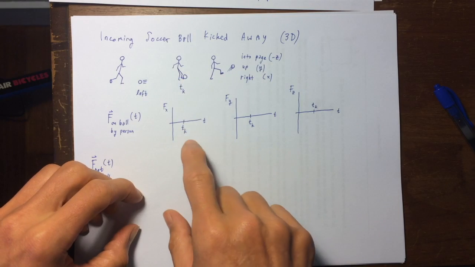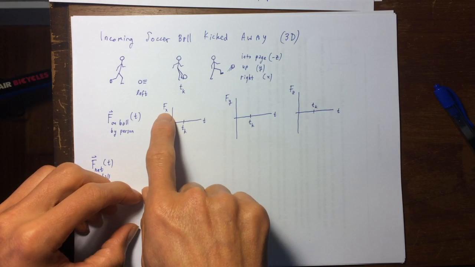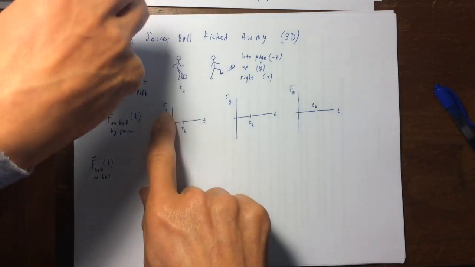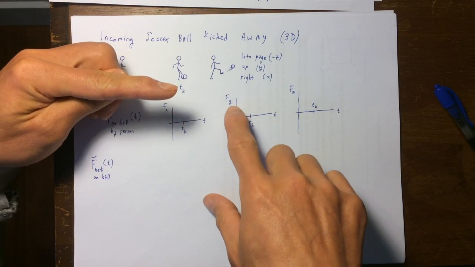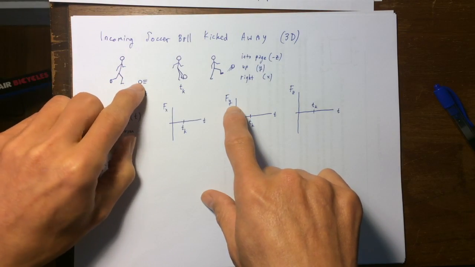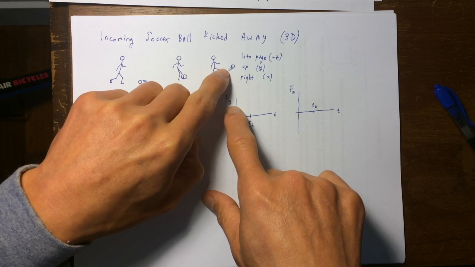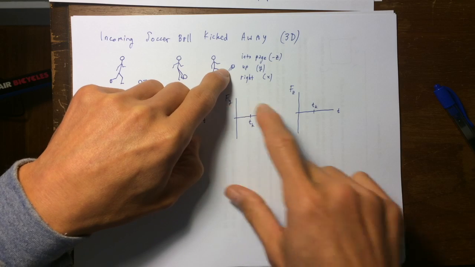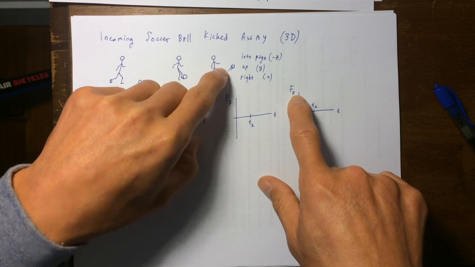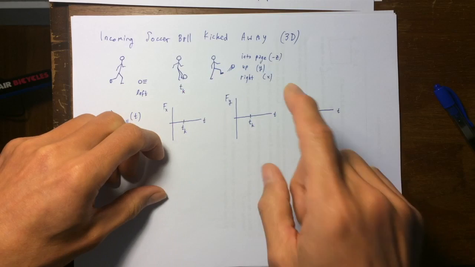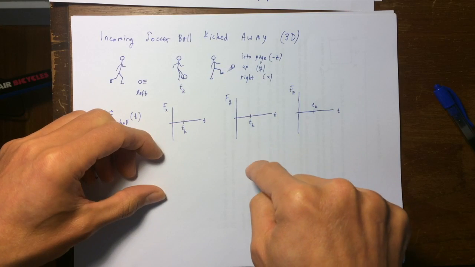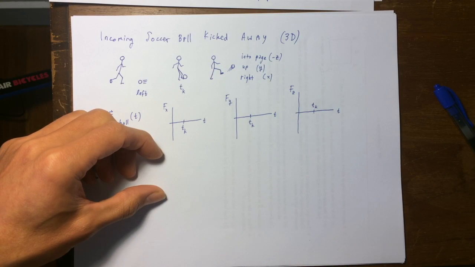So the force must have been in the x direction to change it from left to right, in the y direction to change it from no y direction motion at all into having some upwards motion, and then in the z direction as well. In the z direction, you had to kick it into the page. So there needs to be some z direction stuff.